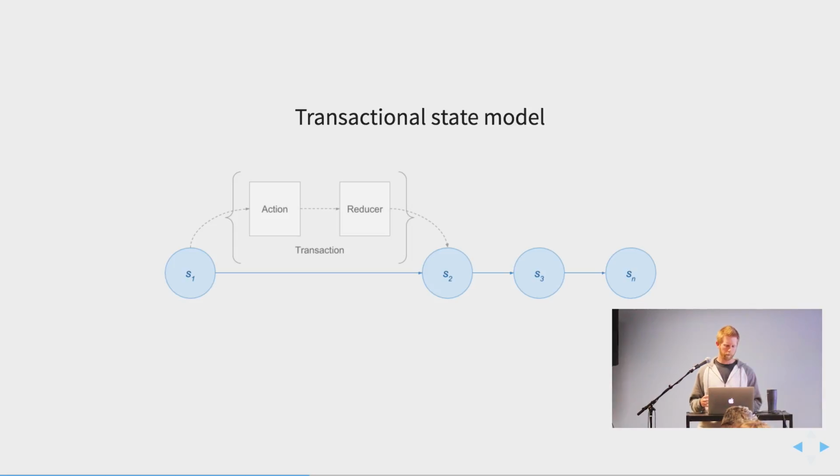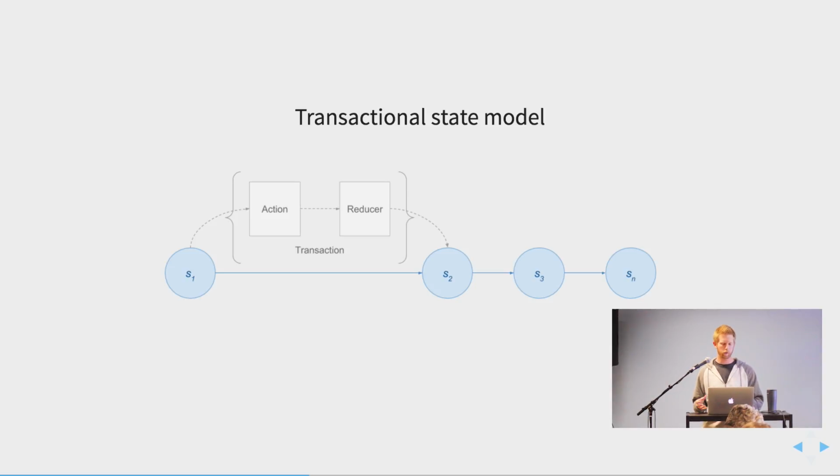Similar to Flux, the core concept is that we're dealing with a transactional state model. So we could see that in the example app. Essentially, we have a state at some point in time. We dispatch an action, which is an object or an entity that describes something that happens in our app.